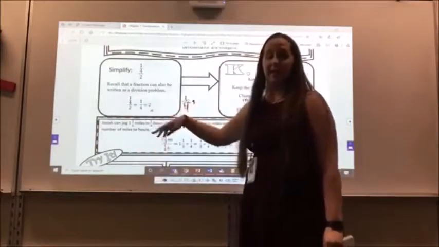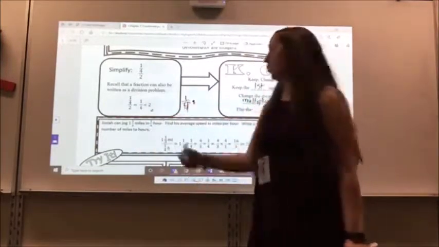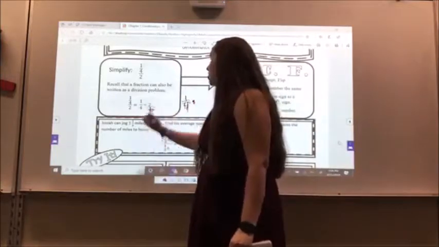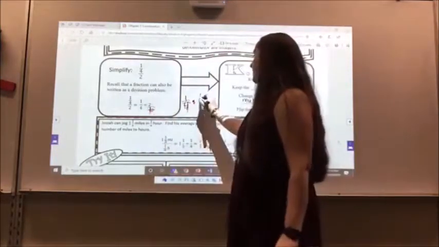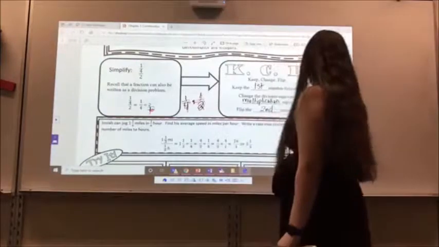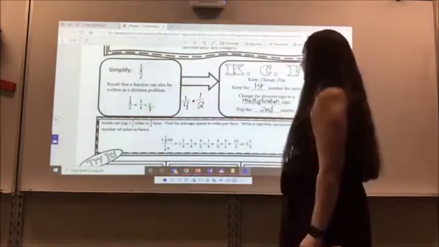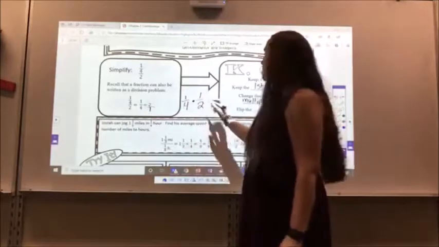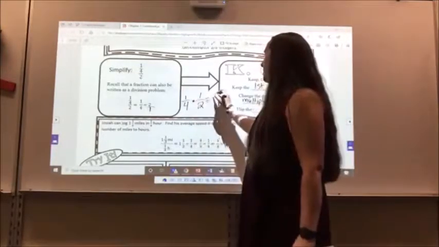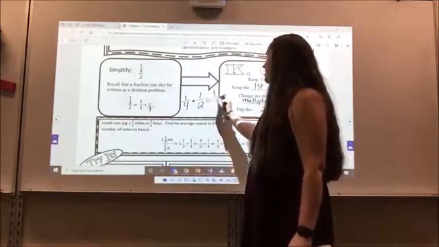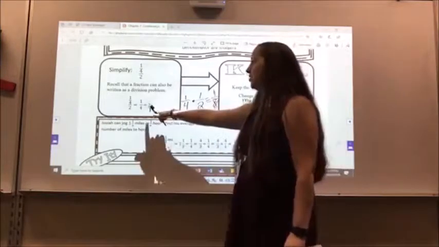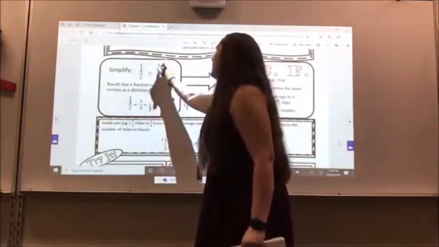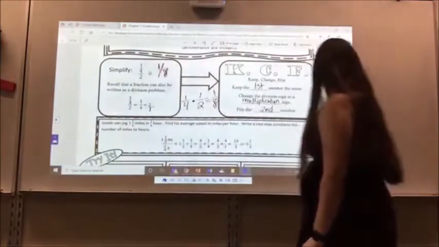Now 2 is my second number, which means I need to put it over 1. 2 can be written as 2 over 1, so when I flip it, it becomes 1/2. Now I have 1/4 times 1/2, which I can multiply through. 1 times 1 gives me 1, 4 times 2 gives me 8. So if I were to actually simplify this, it would give me 1/8.